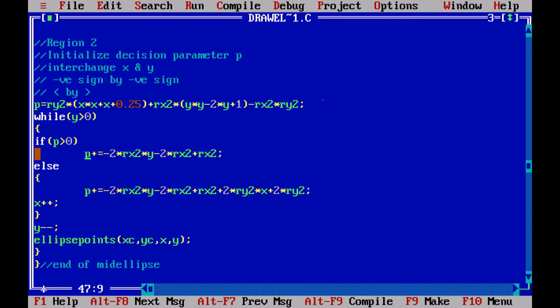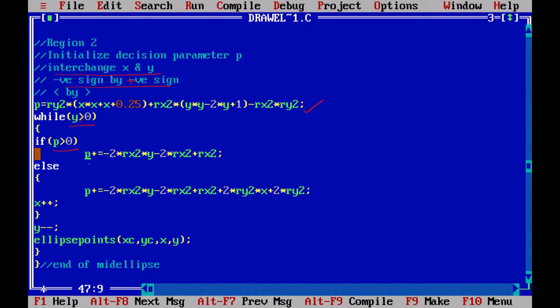We have to calculate the decision parameter by using the x and y value where we stopped. Then we change this condition, that is, till y greater than 0, and here interchange x by y, negative sign by positive and positive sign by negative, less than by greater than. So here we are going to have the greater than symbol.